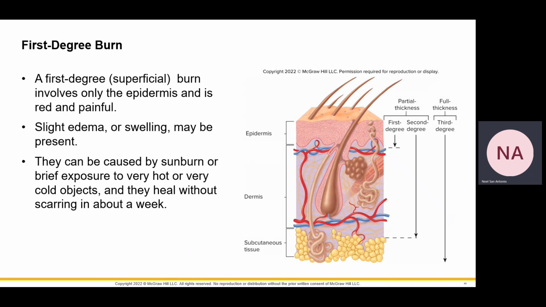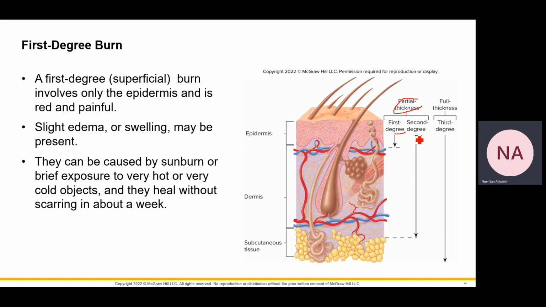So we will try to compare these terminologies. Gagamitin natin yung terminology na yun. Okay? So, when we say partial thickness burn, dalawa yan. It's either first degree or second degree burn.